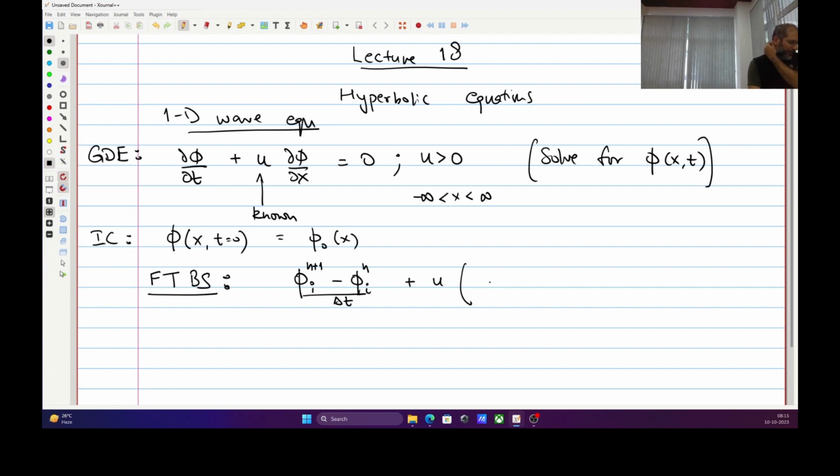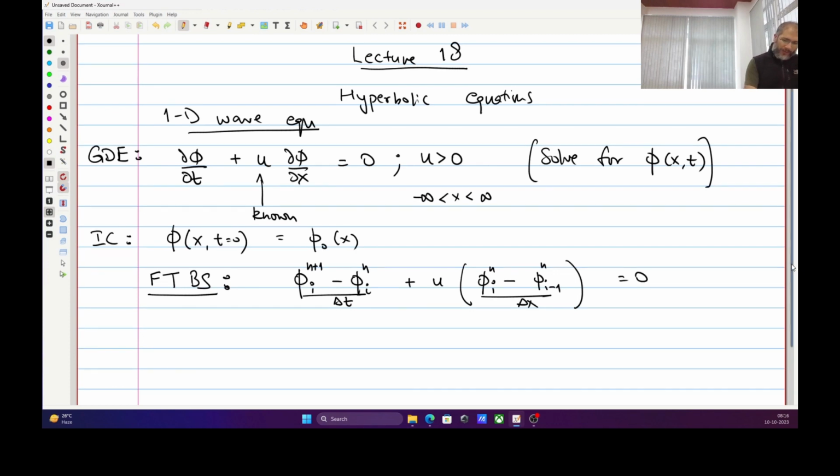Now this is forward time backward space, so this phi becomes, well, they are both at n, and since it's backward, it's phi i minus 1 upon delta x, and this is equal to 0. Is that clear?